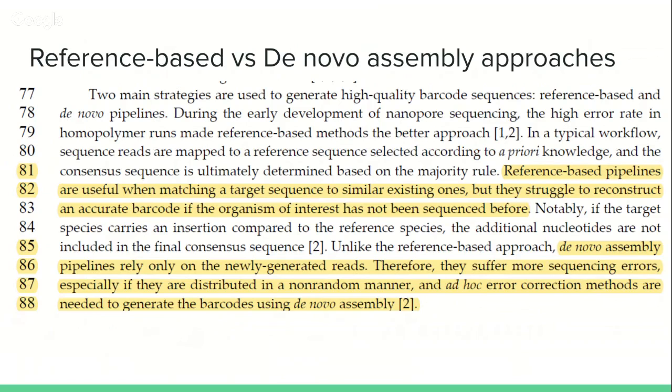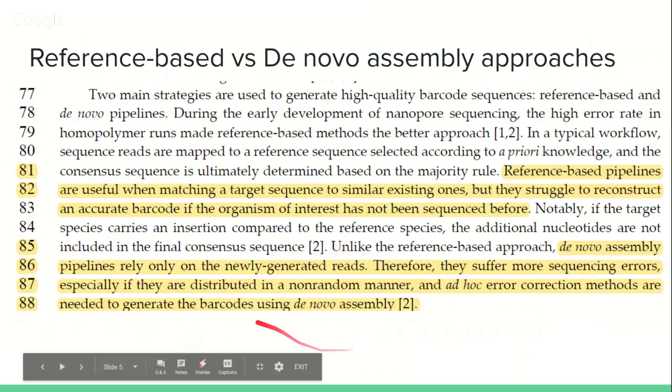But if you're not sequencing the human genome, you're sequencing something else, then unless your reference-based approach contains everything that you expect seeing in your reads, you're going to miss out on what the reference doesn't include.